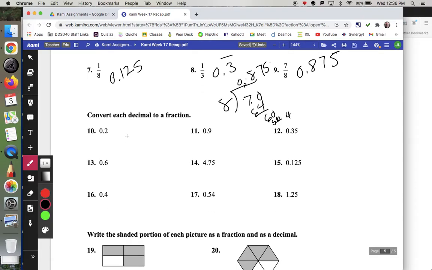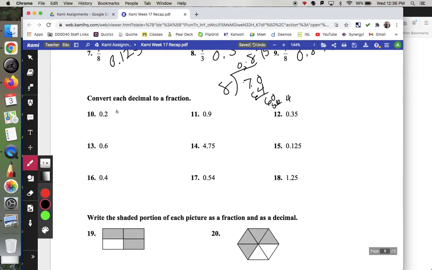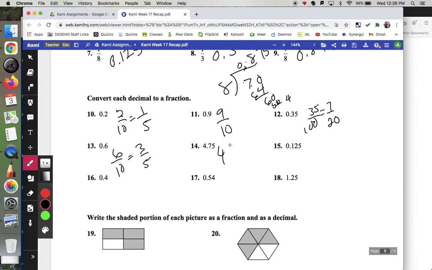Okay, so convert each of these to a fraction. This is 2/10. This is 1/5. This is 9/10. 35 100ths, which is equal to 7/20. This is 6/10, which simplifies to 3/5. 4 3/4.